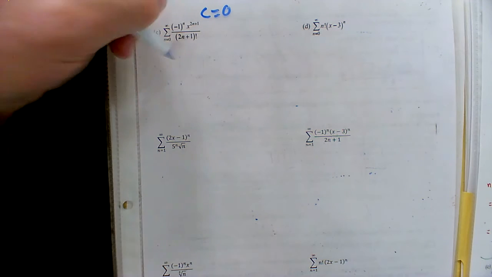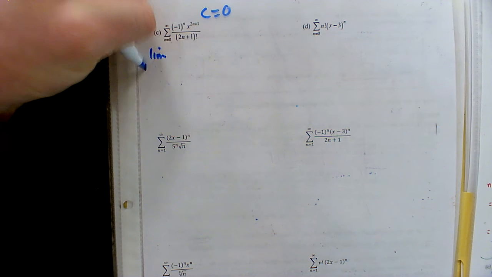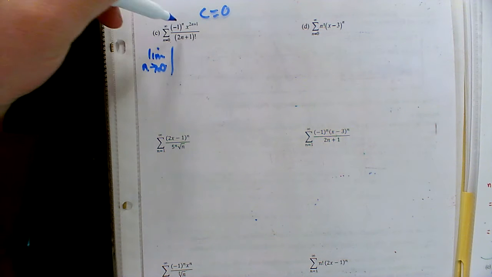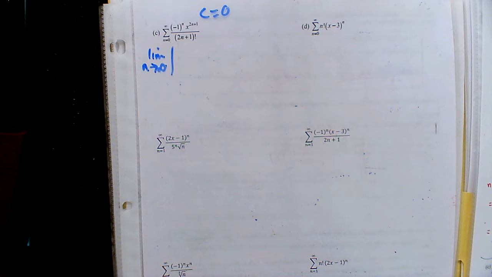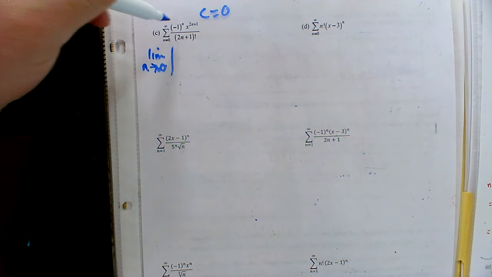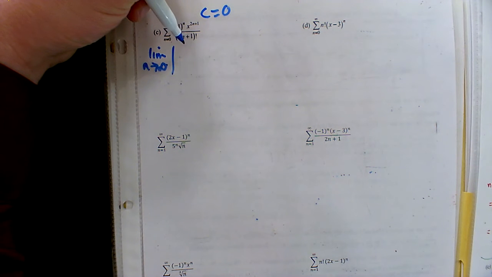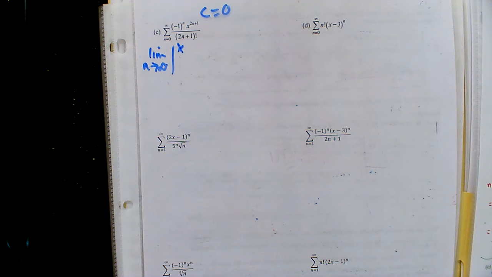So now we can do our ratio test. When we're taking the absolute value, does the alternator matter? No, so you can leave that -1 to the n out when you're taking the absolute value. So when we have x to the 2n plus 1 and you change it to n plus 1, what is our new exponent? 2n plus what? 3. 2n plus 3.